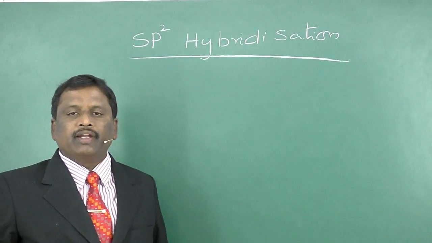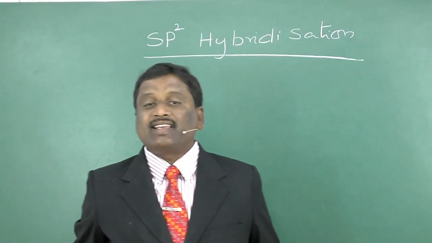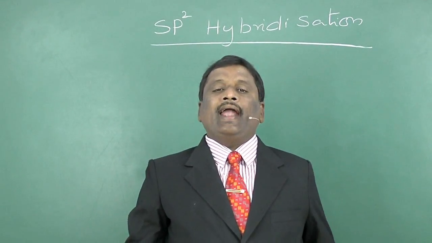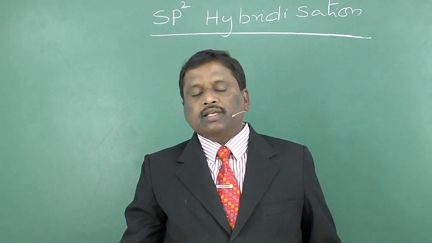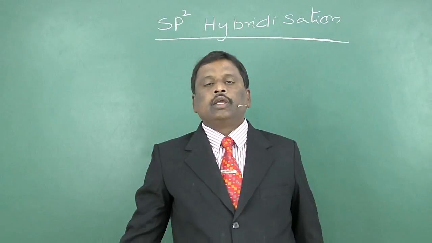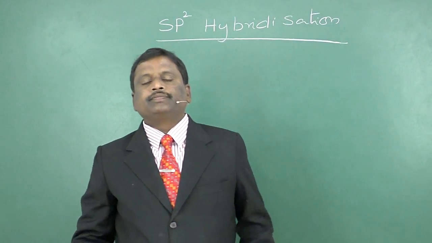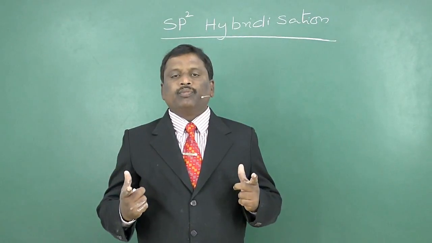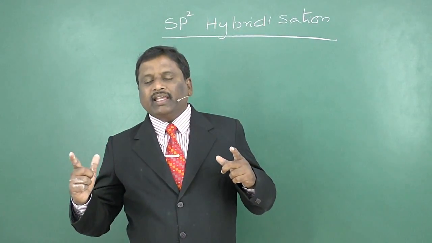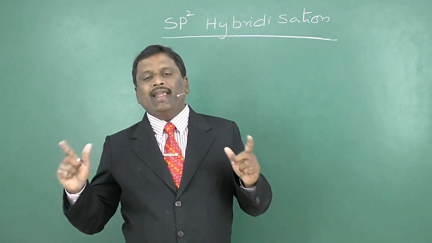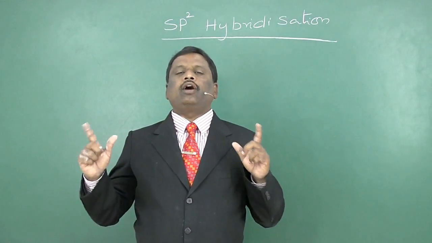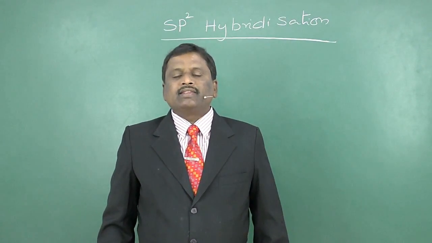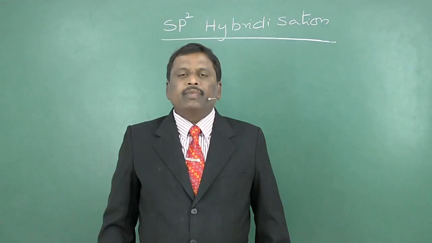What is Sp2 hybridization? One s orbital and two p orbitals of an atom mixed together or hybridized together to form three equal identical hybrid orbitals is known as Sp2 hybridization.